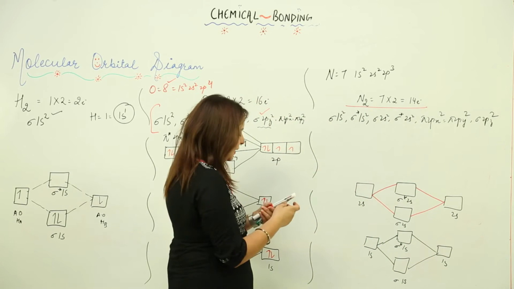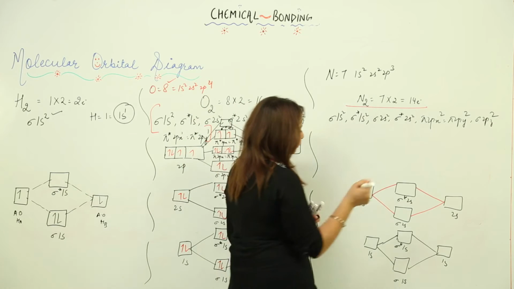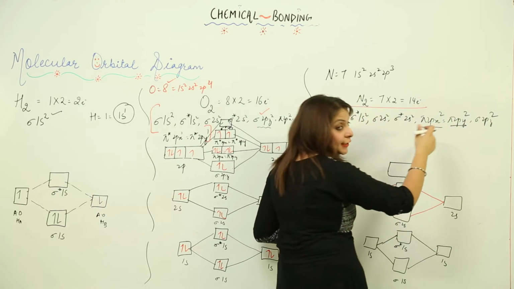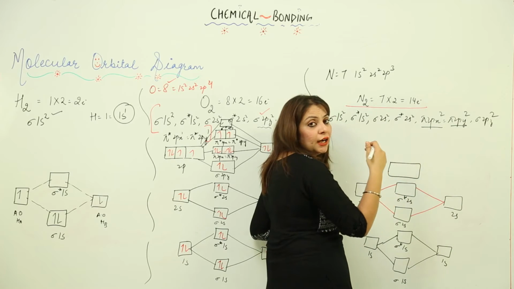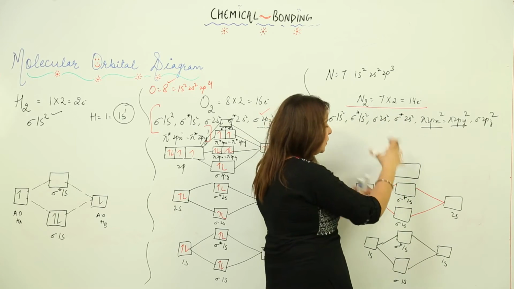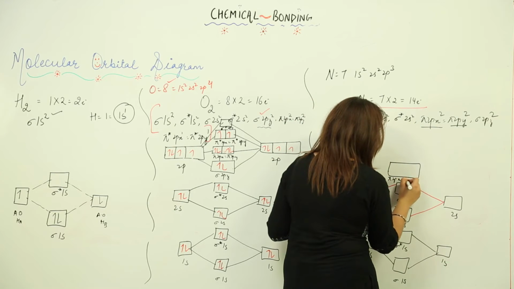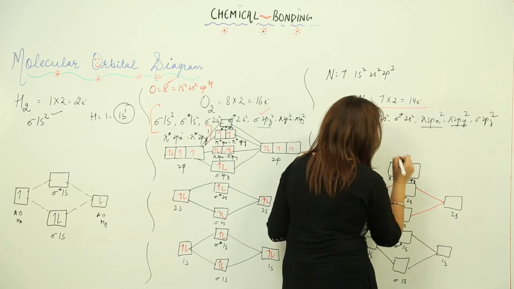Right. Now my 2p. You need to see that there's a difference here, right? So likewise, you need to draw the orbitals like the same orbitals in this case also. So it is pi 2px equal to pi 2py, I put the line.